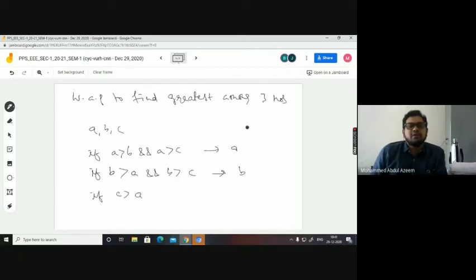If C is greater than A and C is greater than B, then you say C is greater. So taking these conditions, you can write the program to find greatest among three numbers. Can you do this? You can do it, right?